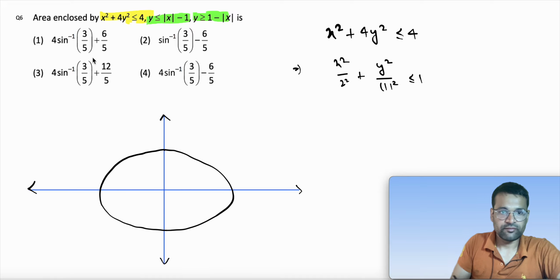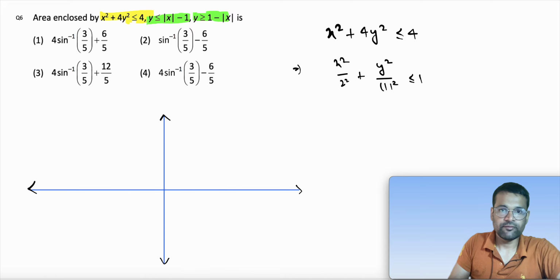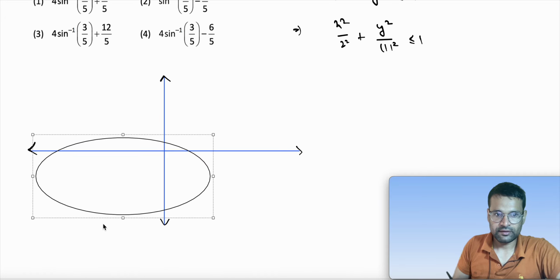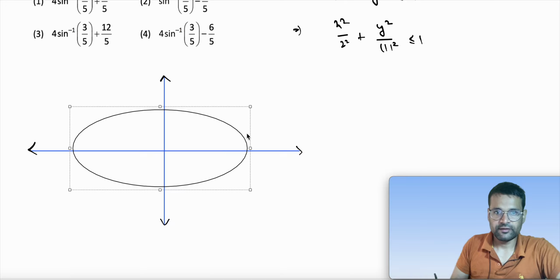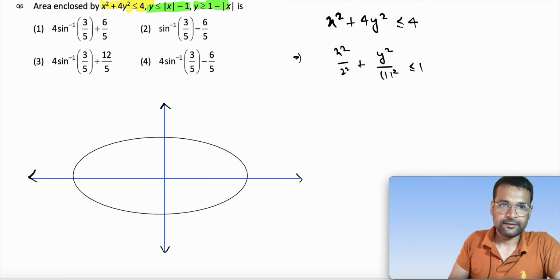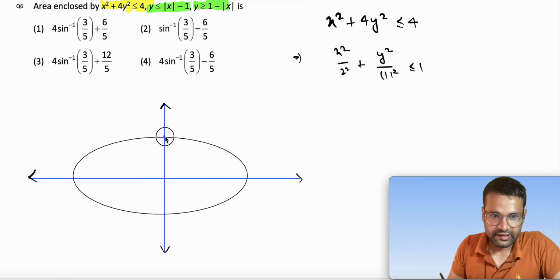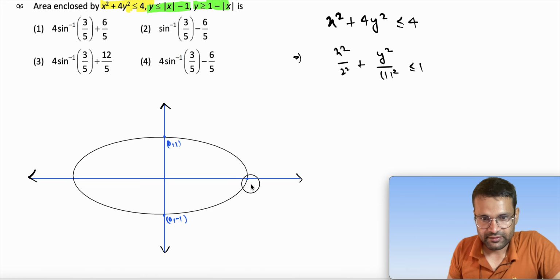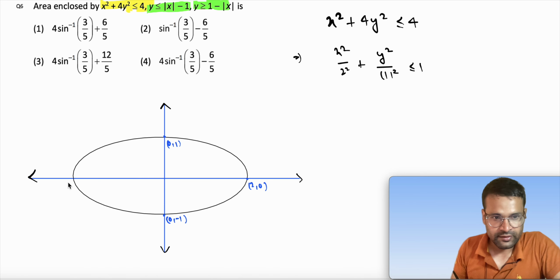Wait, I do it with the help of options, then why am I not applying them here. Okay, now this is the curve. Suppose this is 0 1, and this one was 0 minus 1, this one was 2 0, and this one was minus 2 0.